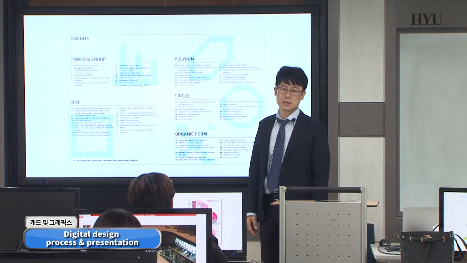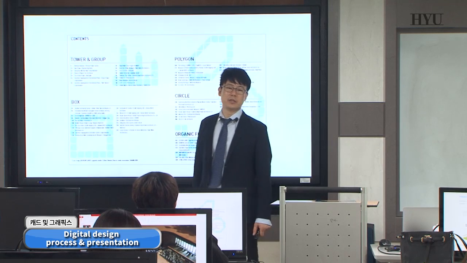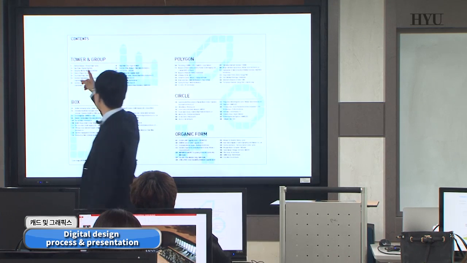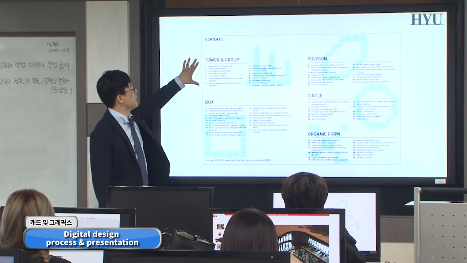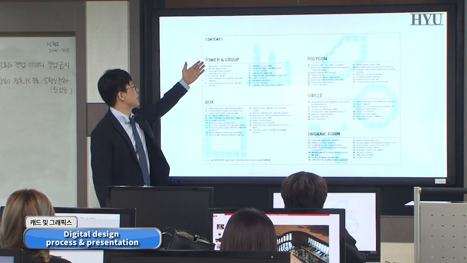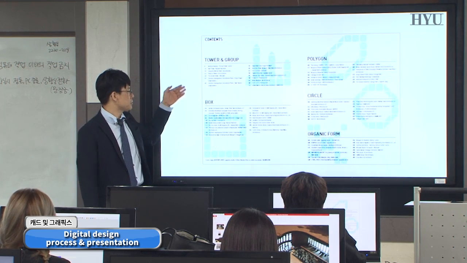This is the contents. The contents of this book are categorized by geometrical shape. The first one is tower and group, which means building shape looking like a tower and group, which means high-rise buildings, okay?